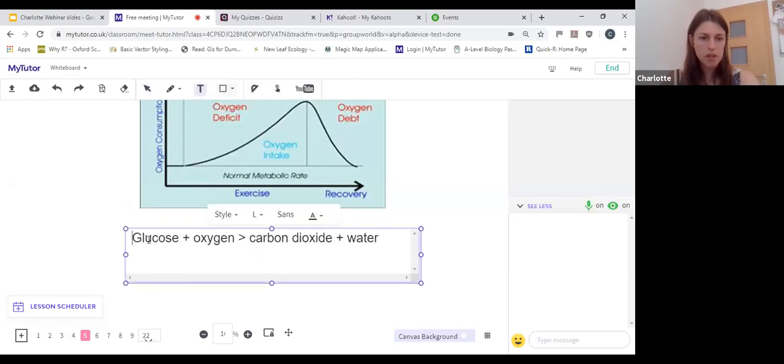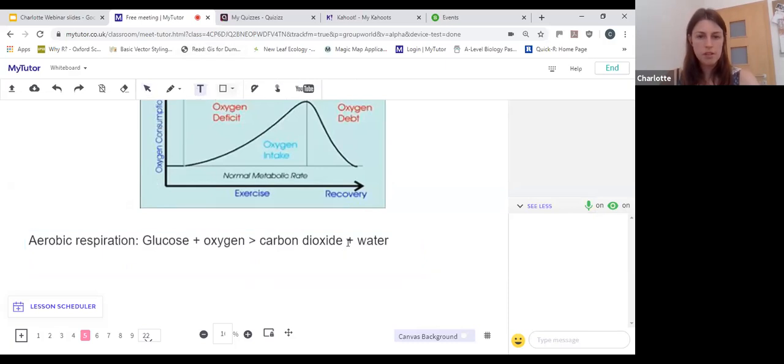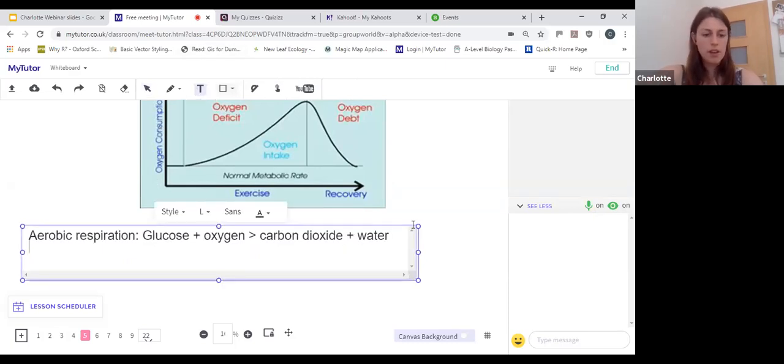Let's write that at the beginning. Okay. And then anaerobic respiration: glucose is converted straight to lactic acid.